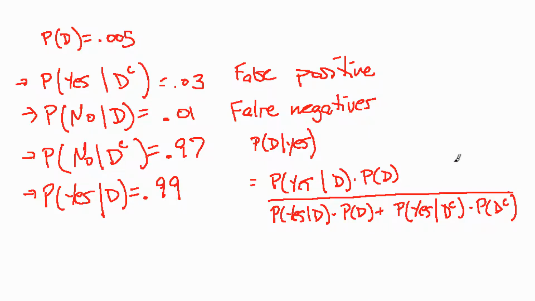So I think that these are numbers that we all have. The probability of a yes given the disease is 0.99. The probability of the disease is 0.005.